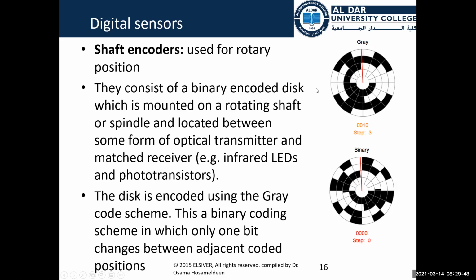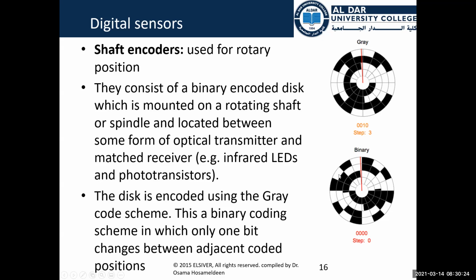It does not use binary encoding, but gray encoding. And the idea is very simple. We have a disk like that, and this disk has two sides. One side has an LED, and the other side has a photosensor or phototransistor.